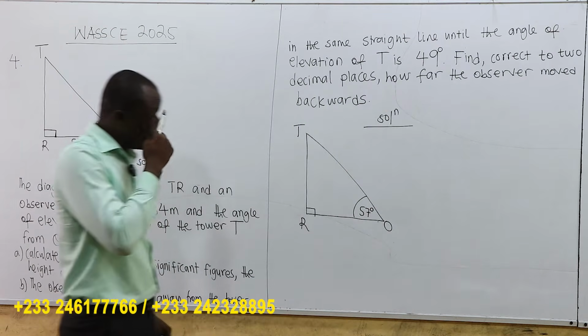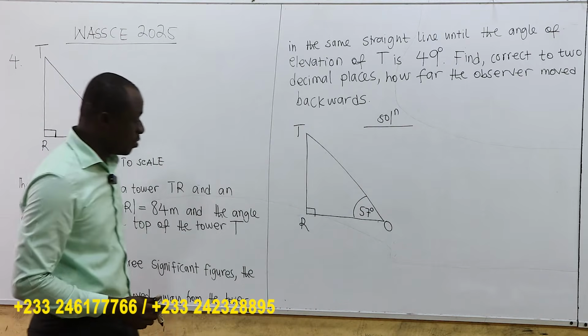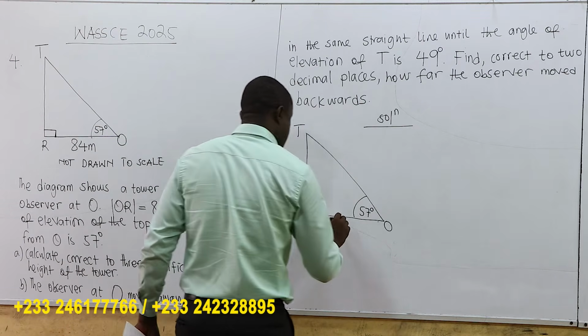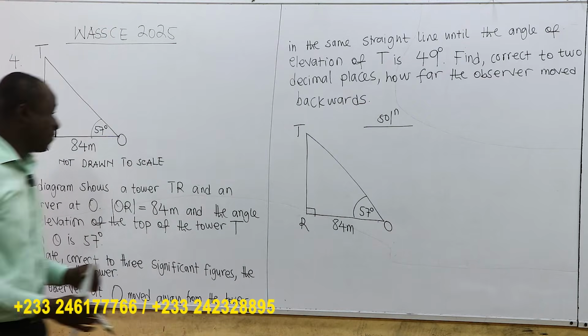Don't forget, this is not to scale. So this is where the observer is, O. And then OR is 84 meters.